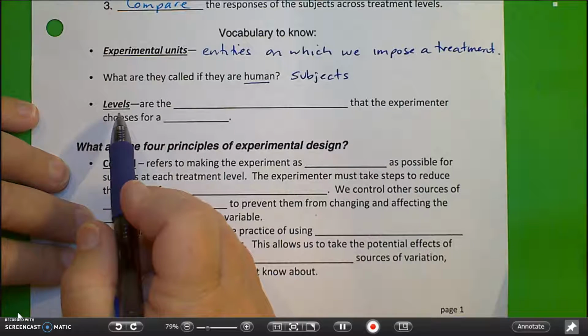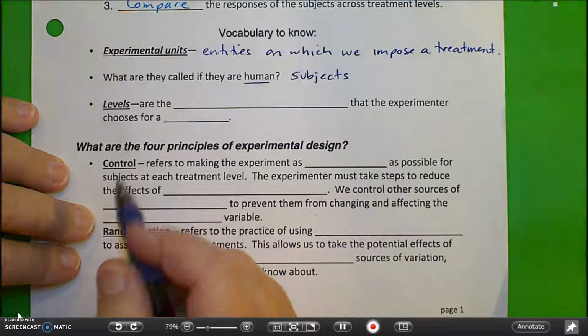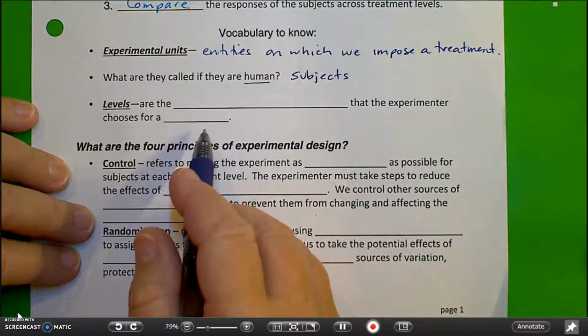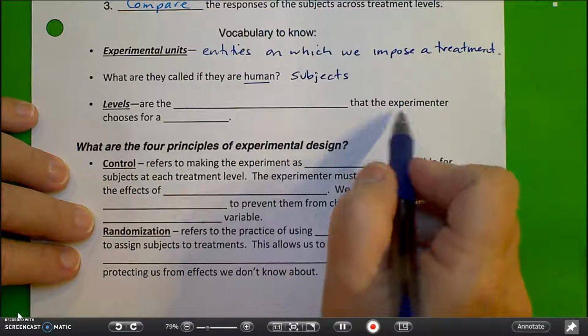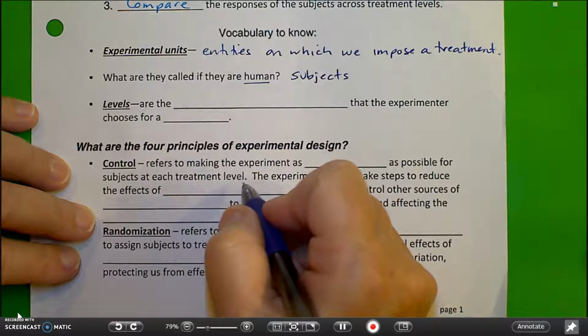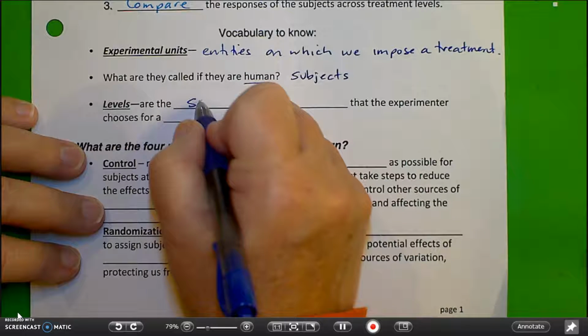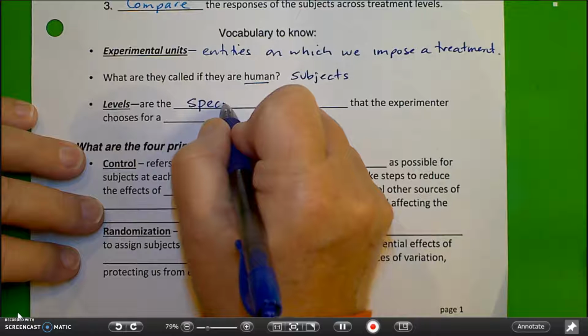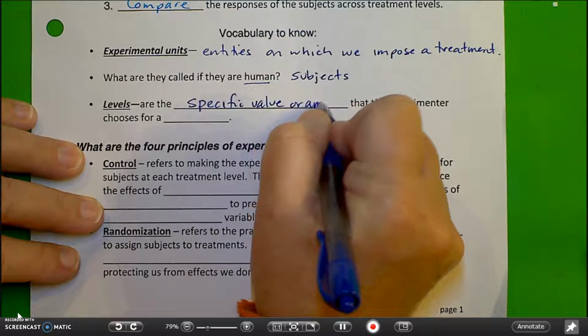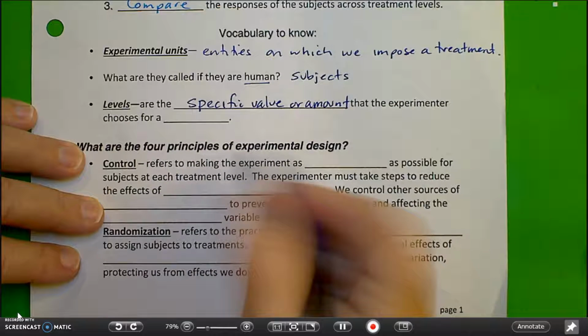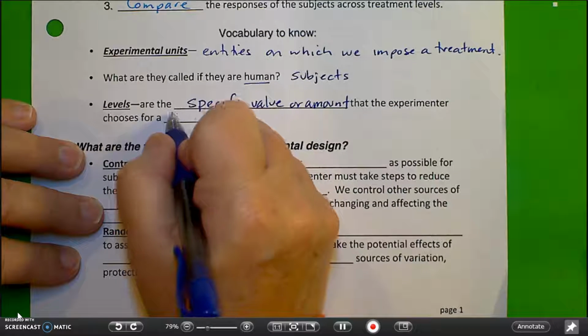Levels within the experiment are the specific values or the amounts that the experimenter will choose for a factor. So let's get that written. Specific value or amount that the experimenter chooses for a factor.